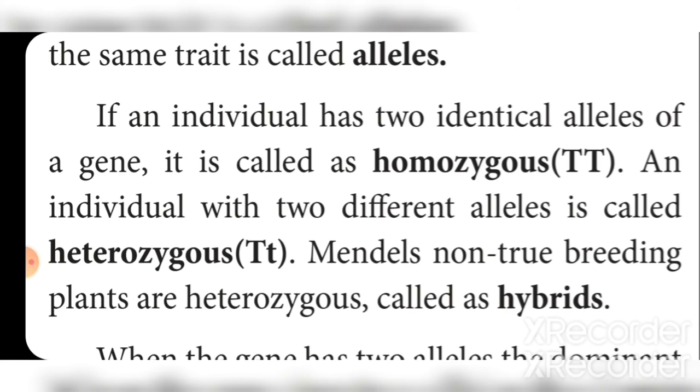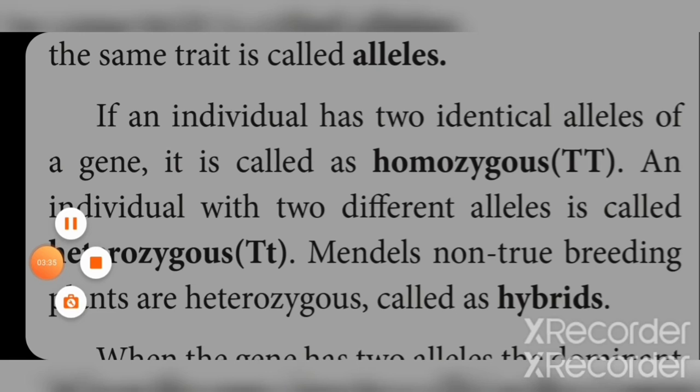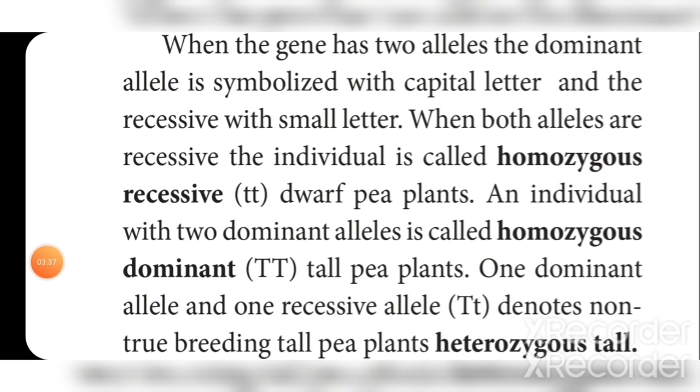Mendel's non-true breeding plants are heterozygous. True breeding means they are continuously self-pollinated. Non-true breeding plants are heterozygous, with two different alleles, and are called hybrids.